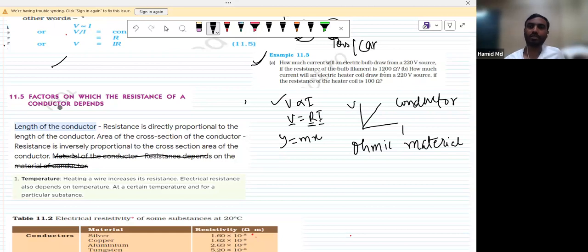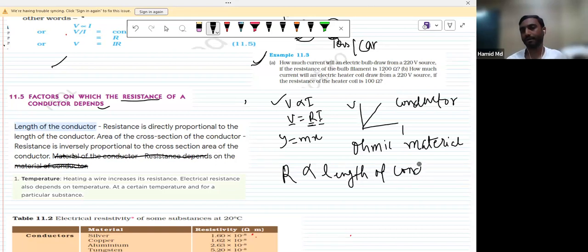So now we have to see what factors the resistance of a conductor depends on. So first, R is directly proportional to the length of the conductor, right? Yes.